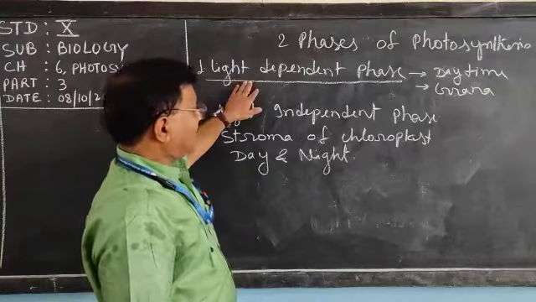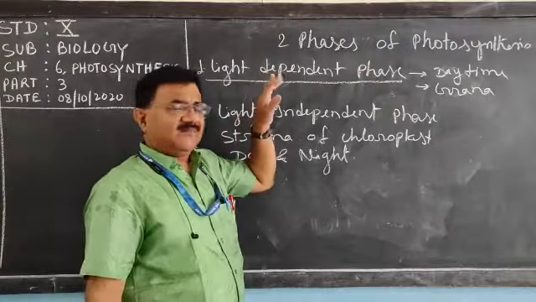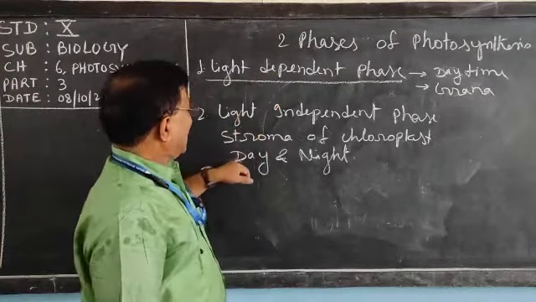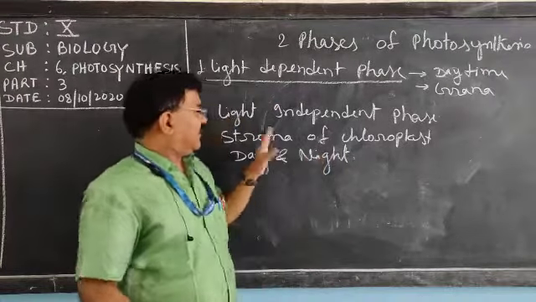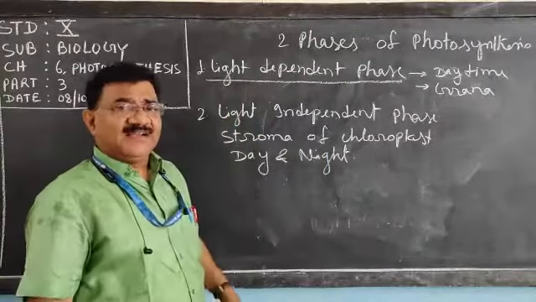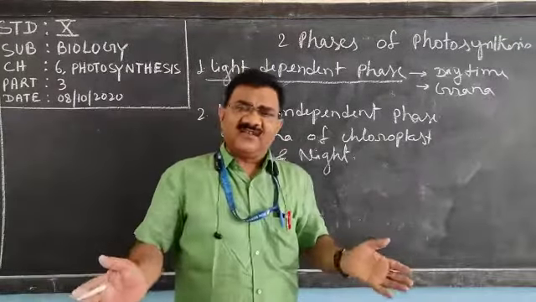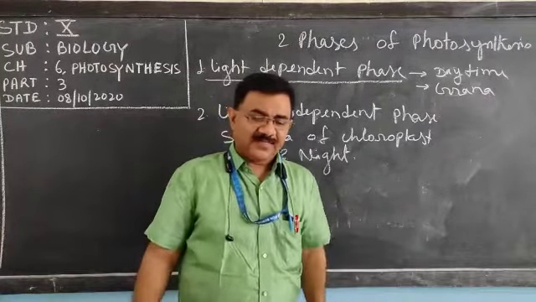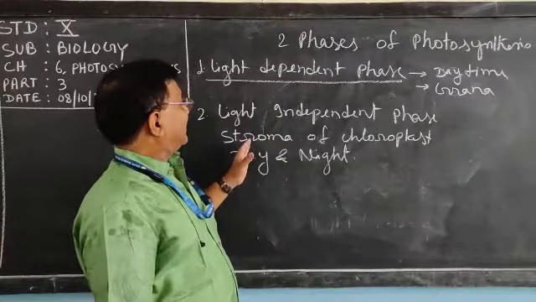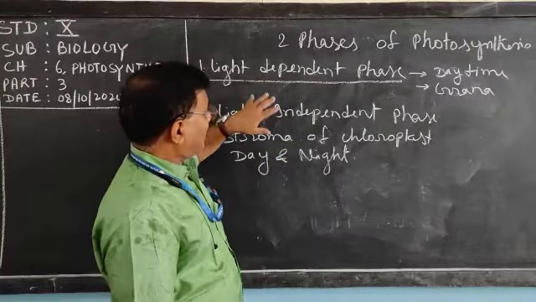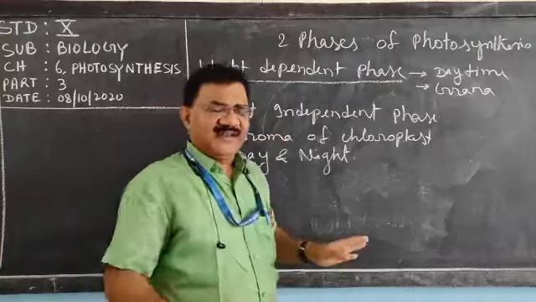But the light dependent process will not take place during night because light is necessary, and here light is not necessary, so it is called the light independent phase. During daytime both the phases go on simultaneously, but during night time the light dependent phase stops and the light independent process continues.